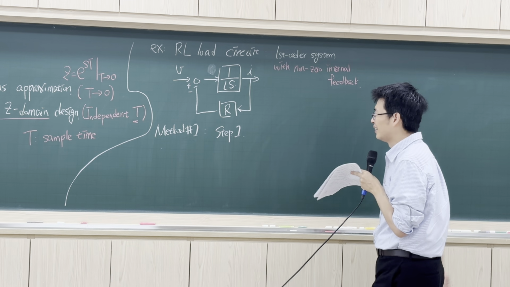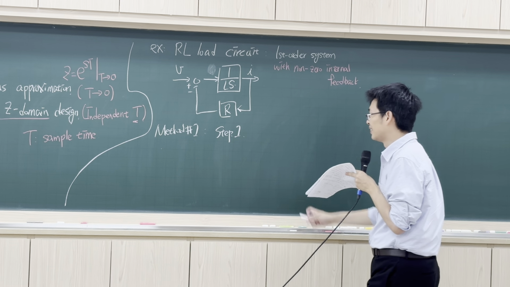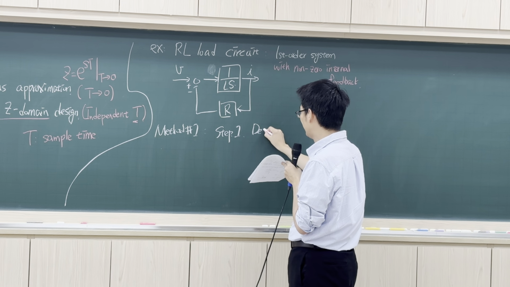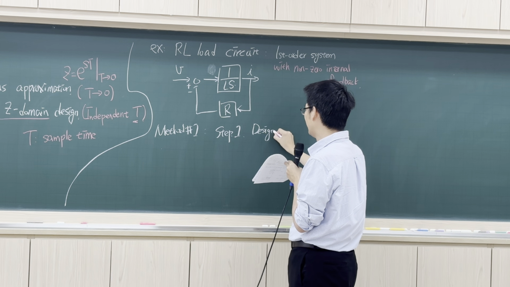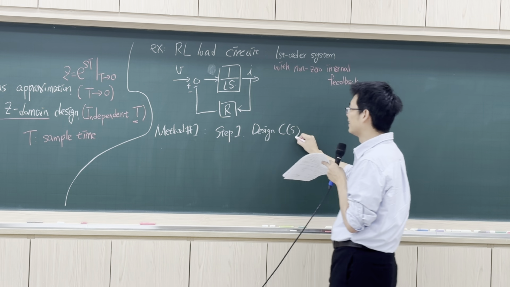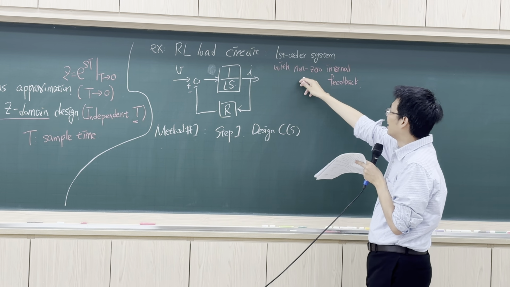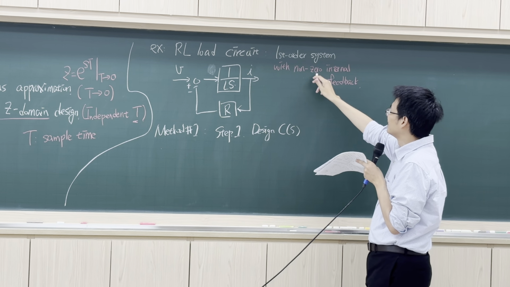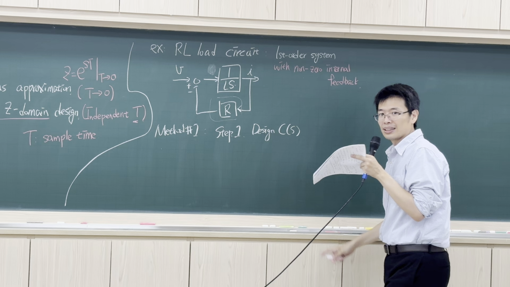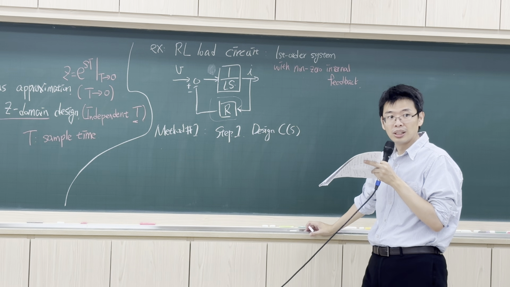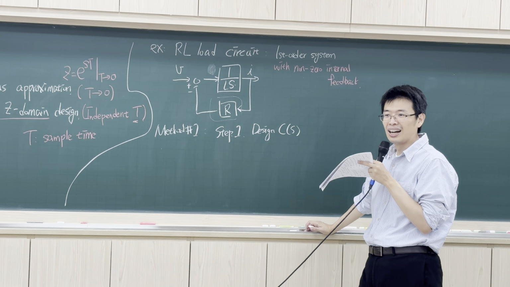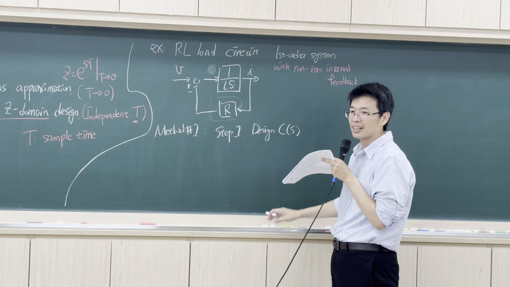Decide CS. So we all know that there is non-zero internal feedback. What type of controller are we going to use?